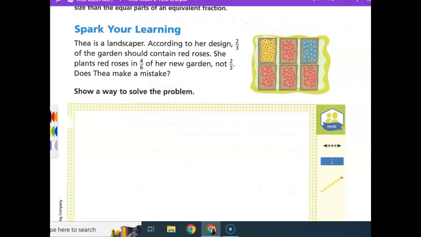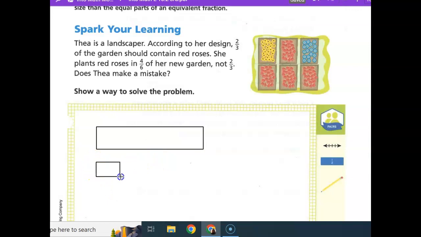So let's draw two equal size boxes. And let's divide those boxes into, let's do the one with thirds first.